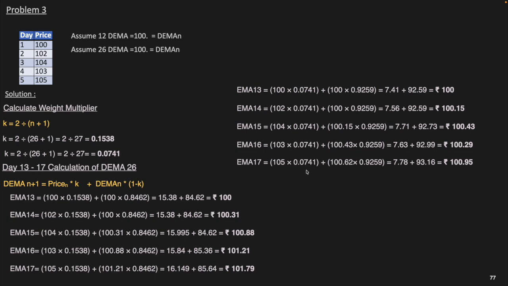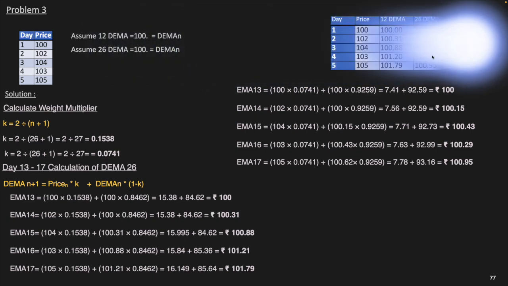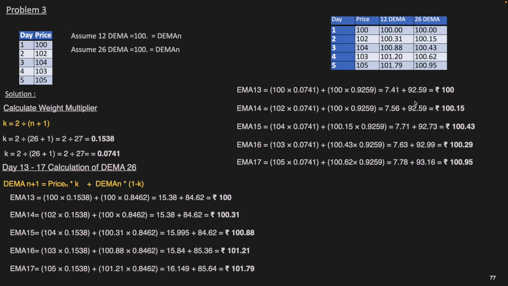So now what will be the MACD? All you do is 100 minus 100, 100.31 minus 100.15, 100.88 minus 100.43, 101.21 minus, that will give you the MACD line. I have given an example for only one, that is the last one here, that is 101.79 is 12 DEMA minus 26 DEMA is 100.95, which will be 0.84.